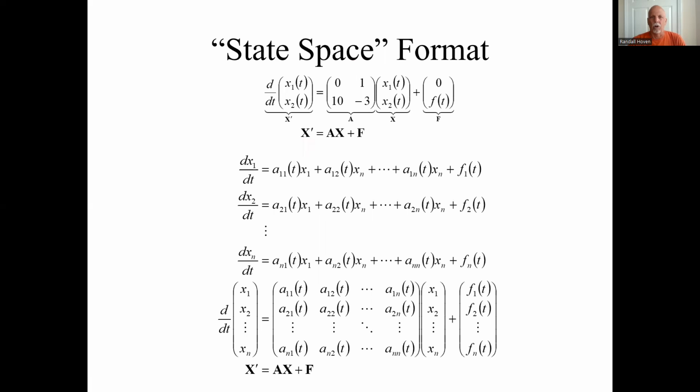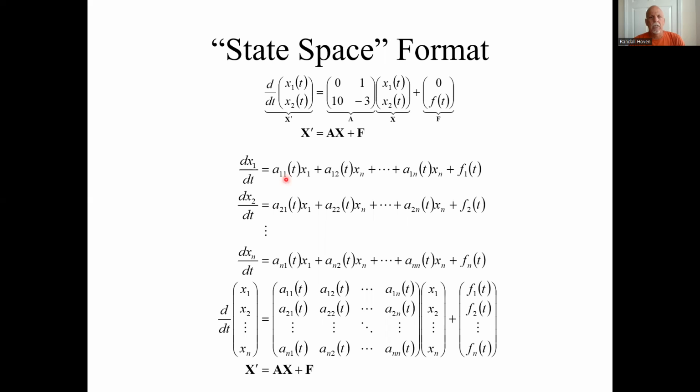Vector x, or the column matrix x, your variables. Its derivatives on the left, and then Ax plus F. So in general, these would be the scalar versions of your equations. This is the matrix version. Again, it's still state space format.